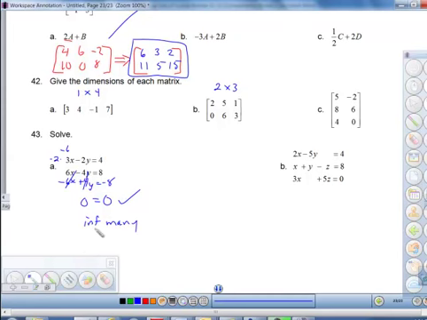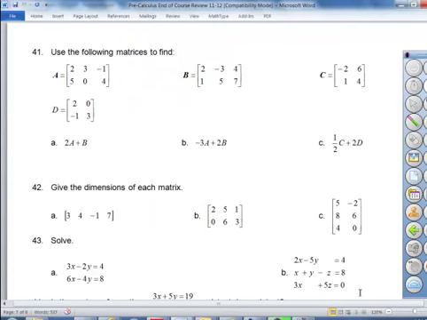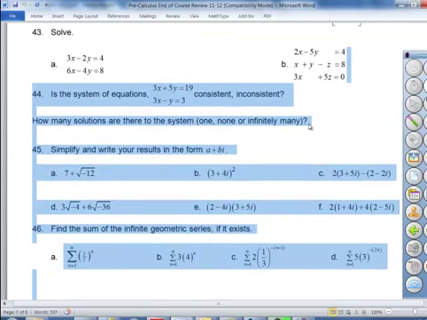Let's say you had a scenario where it was like 3 equals 0. Obviously that's not true, so this would be no solution. So that will happen. Part B, remember, you're trying to make a 2-variable system from a 3-variable system. So utilize that. Let's keep going and see if we can hit up number 50.